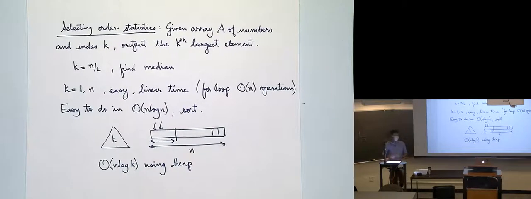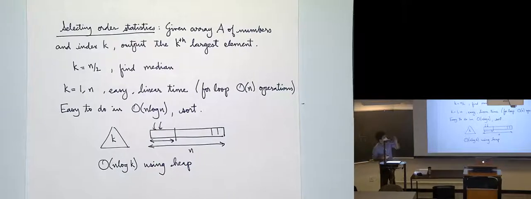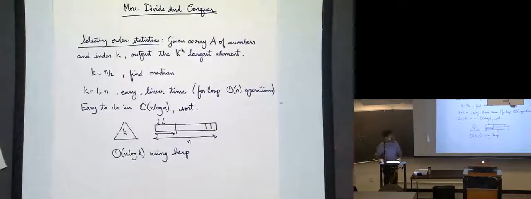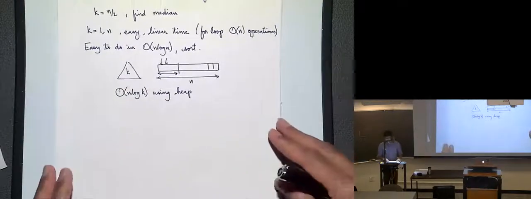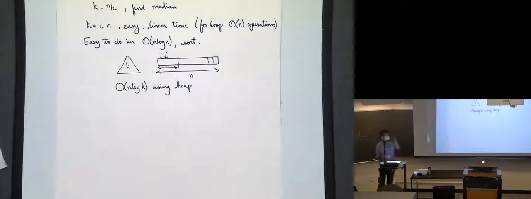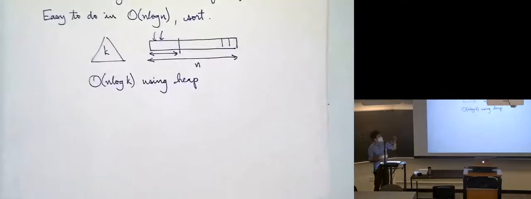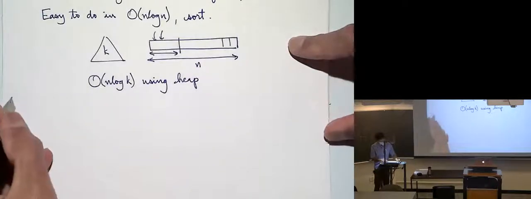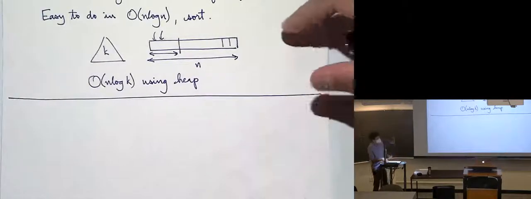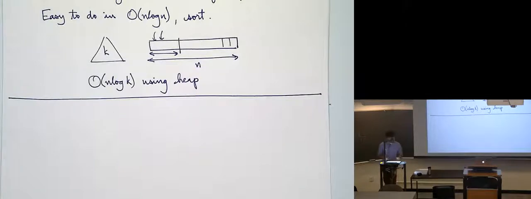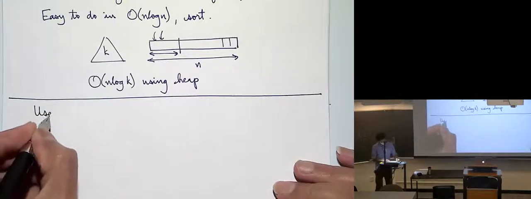So first, I'm going to give you a solution that seems like it's cheating. And then I'll give you a solution. Well, anyway, I'll give you two solutions. The first solution I'm going to give is going to demonstrate something more. I'm going to use randomization.